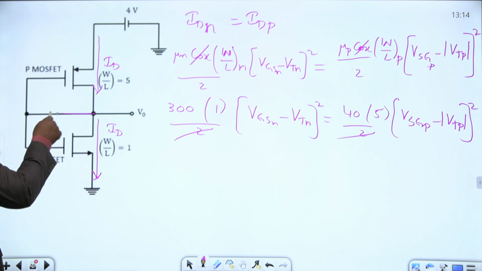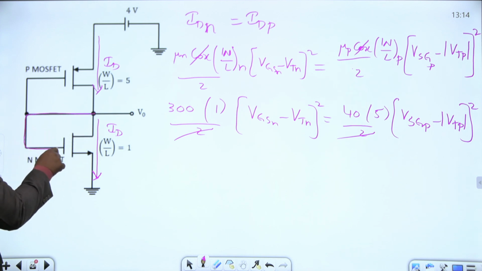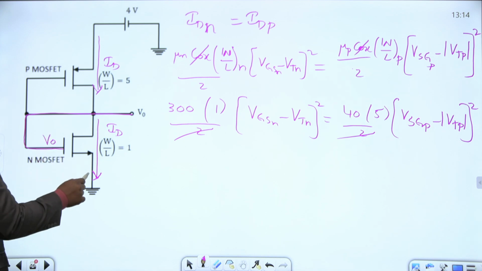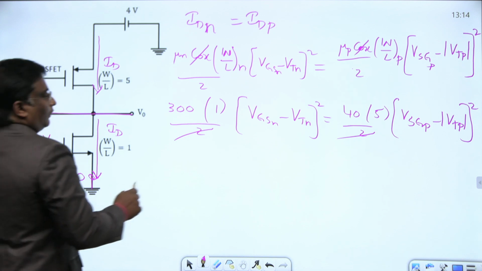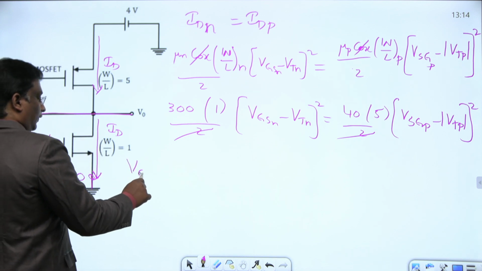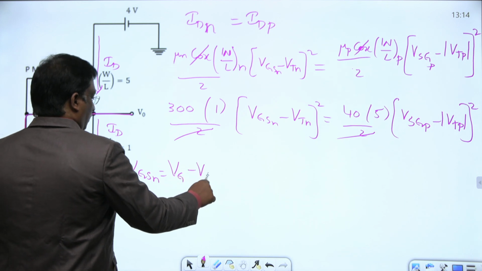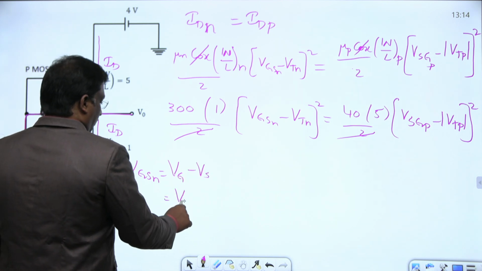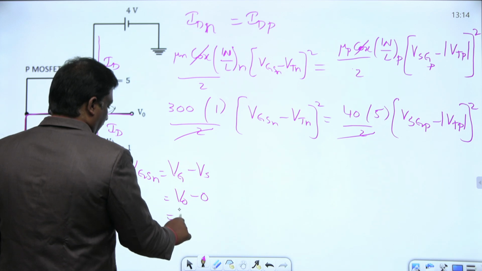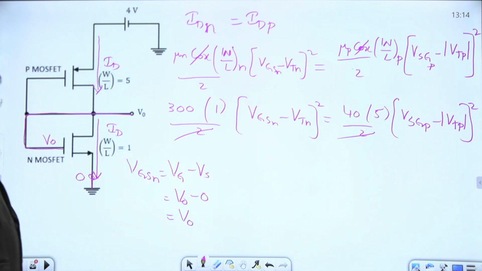This gate is connected to the drain, the gate and drain are at the same point. Yes or no? This voltage is V0, therefore this gate voltage is V0. The source is connected to ground, so the source is at 0. VGS of NMOS is VG minus VS, which is V0 minus 0, so this is V0.